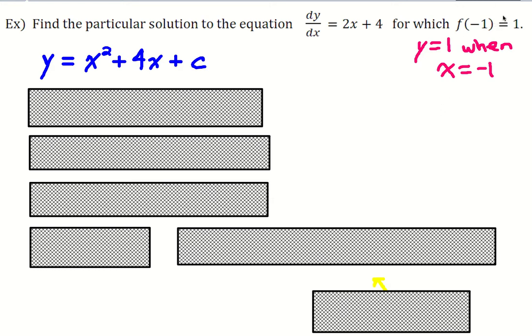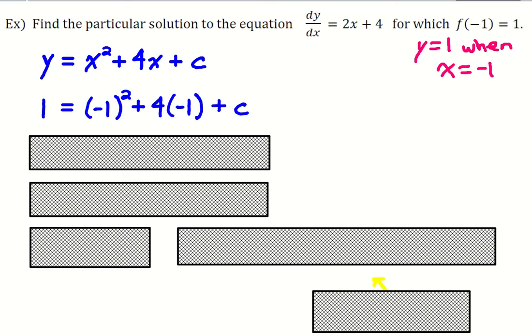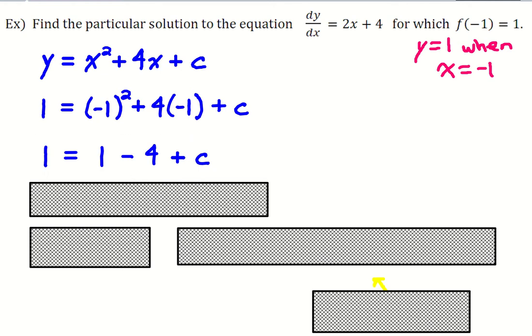And when you're given an initial value, you can take a general solution where there's a plus c and actually figure out what the particular c value would be that satisfies this extra info. So what we're going to do here is plug in negative 1 for x, and 1 for y, basically. And this allows us to figure out exactly what that means for our c value.